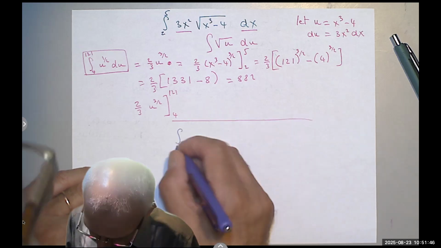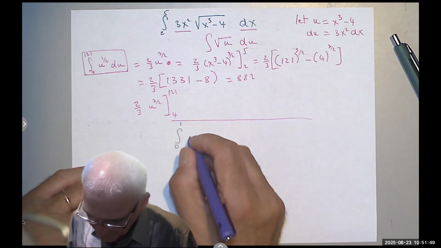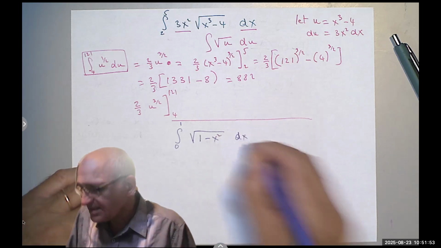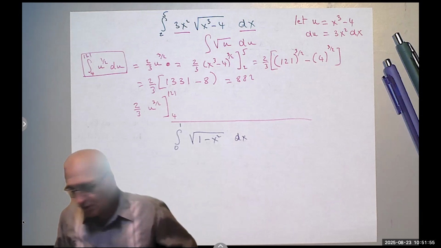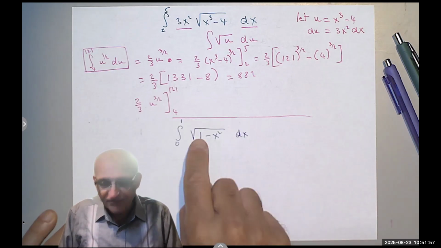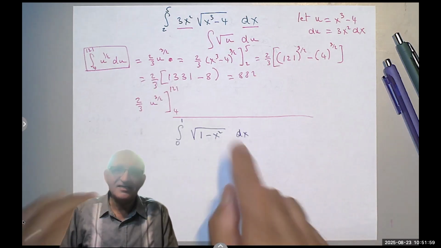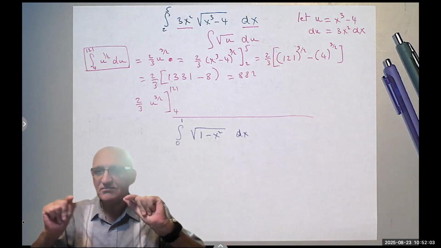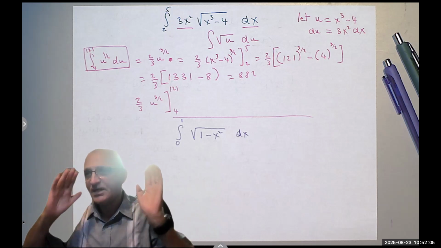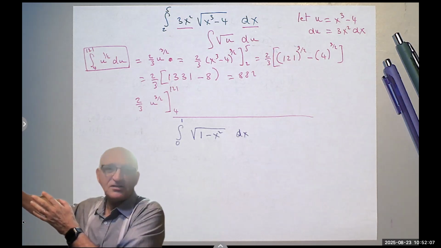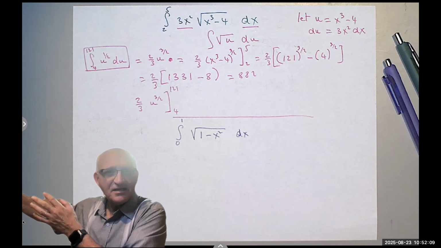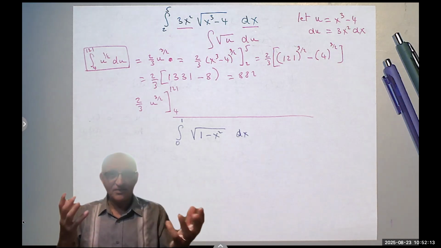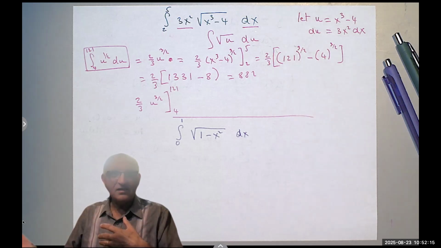Okay, so the integral from 0 to 1 of the square root of 1 minus x squared dx. That's an easy one. And usually when you see a difference of two squares or a sum of two squares or stuff like that, you always, without thinking, your mind should go to trig functions. Why trig? Yes, you got it. Because I know that sine squared plus cosine squared equals 1.